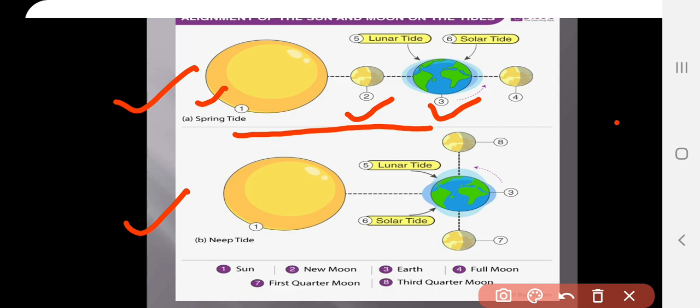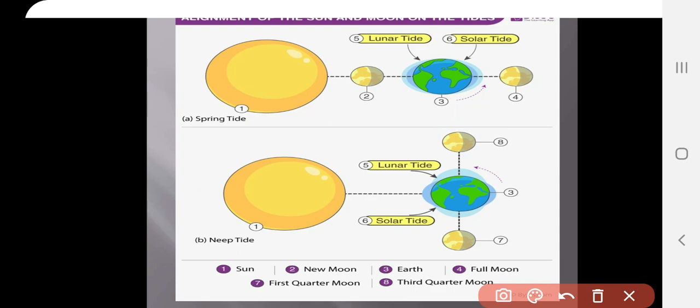And this is the new moon and this is the full moon. When the sun, moon and earth lie in this manner, then we get spring tide.